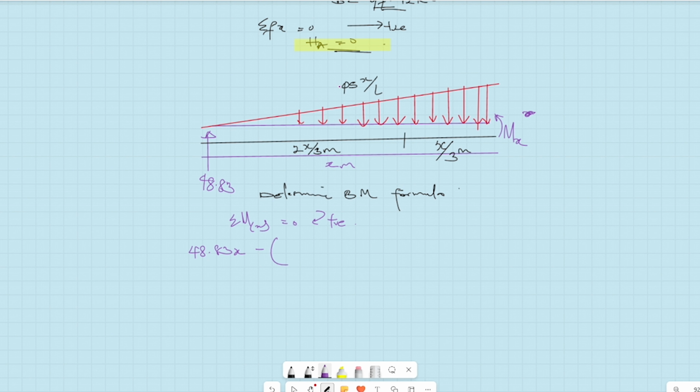So this will be the intensity of this load. We'll convert it to a point load, which will be half base times height. So doing that straight away, we have half times the base, our base is x, times the height, which is 45x over L.